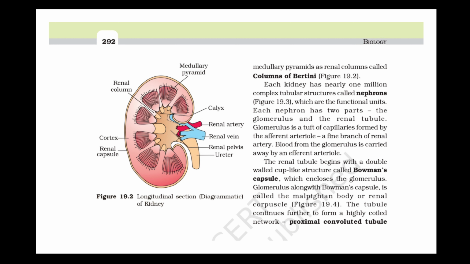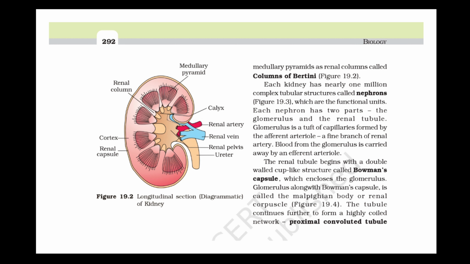Each kidney has nearly 1 million complex tubular structures called nephrons, referred to in Figure 16.3, which are the functional units. Each nephron has two parts, the glomerulus and the renal tubule. The glomerulus is a tuft of capillaries formed by the afferent arteriole, a fine branch of the renal artery.